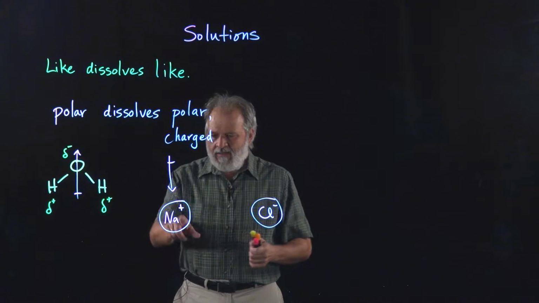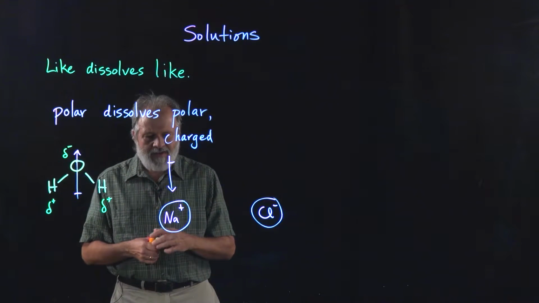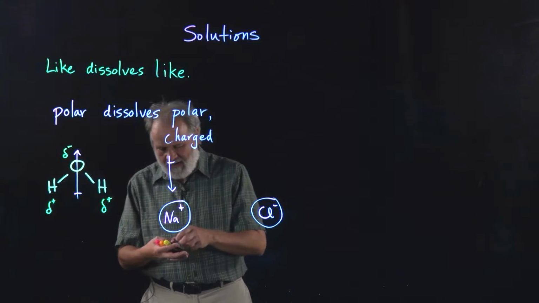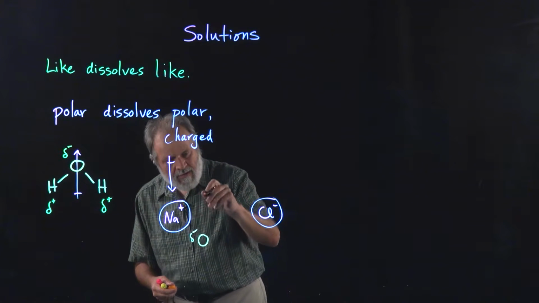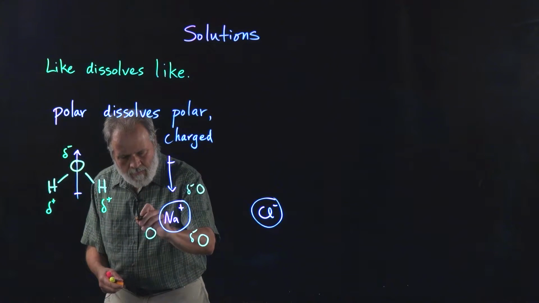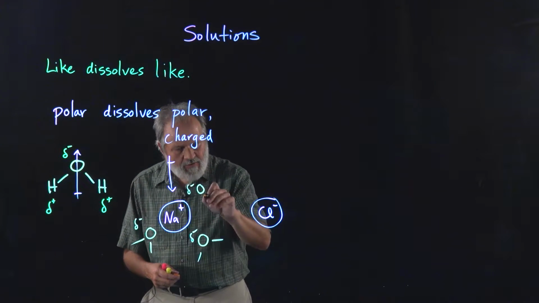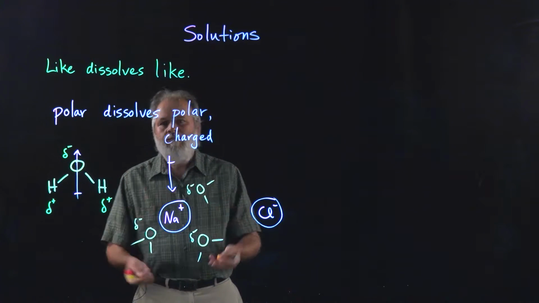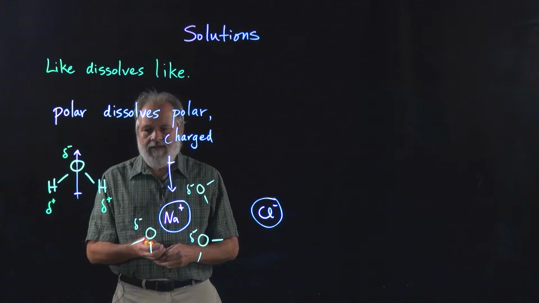But the positive ion in sodium is going to interact well and be attracted to the negative end of a water molecule, so this will actually come out of the crystal and be surrounded by water molecules with the negative end of the waters closest to the sodium cation. I'm just not going to draw the hydrogen atoms in water explicitly. And so that's why ionic materials generally dissolve in water. We'll talk about the exception there a little bit later.